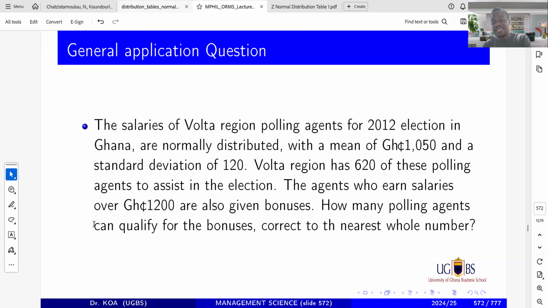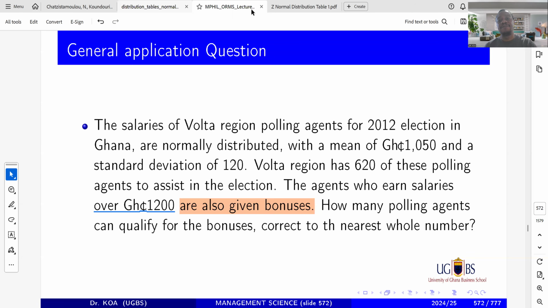The agents who earn over 1,002 cedis are also given bonuses. But remember, the mean is this. If you get over 1,002, you are also given a bonus. Now, the question is, how many polling agents can qualify for this bonus? Correct to the nearest whole number.